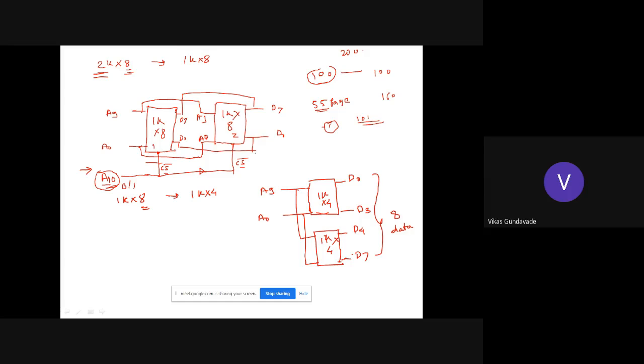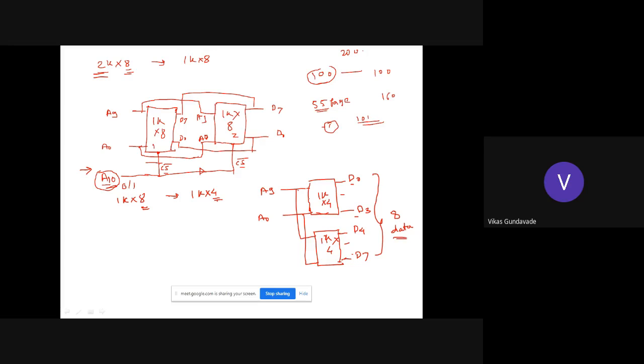For increasing the word size, by default the maximum word size which we can interface to the microcontroller is 8. If we have 4 data lines, or a four-bit word size memory, and we want to make it an 8-bit word size memory, then separate D0 to D3 lines are interfaced to the first memory and separate 4 lines are interfaced to the second memory, so that the combination together increases the word size.